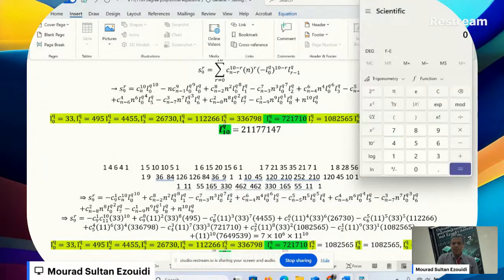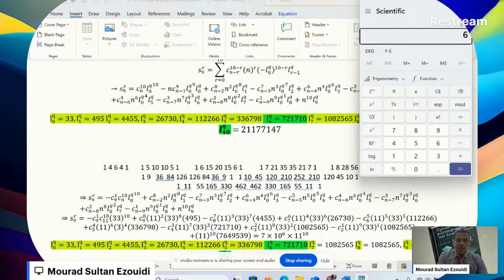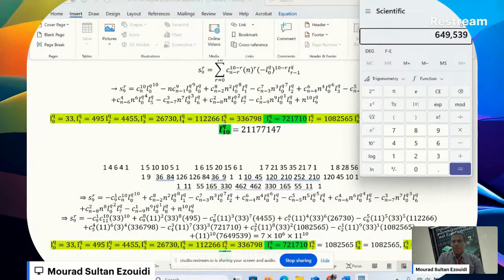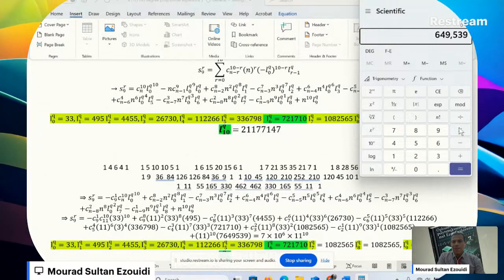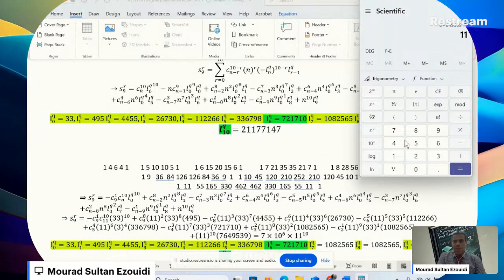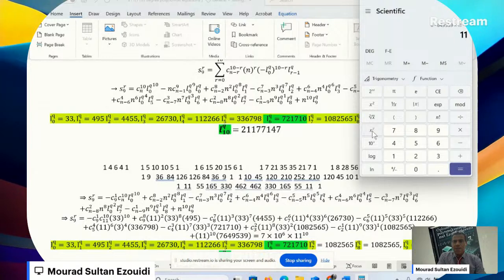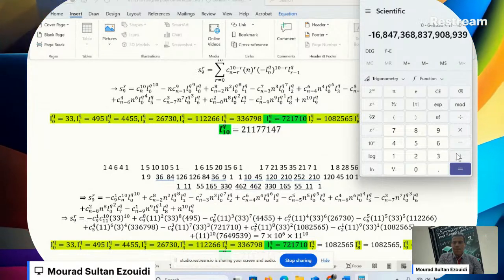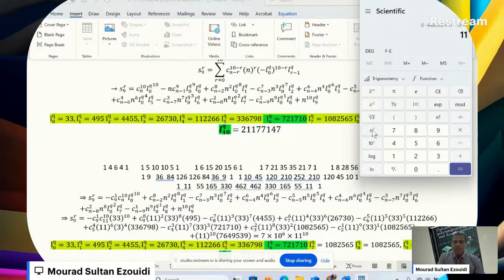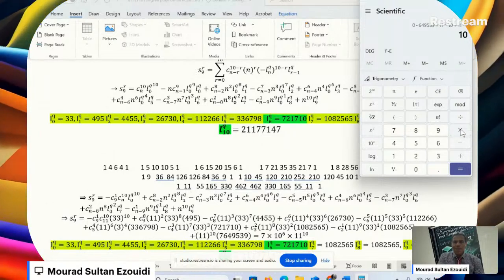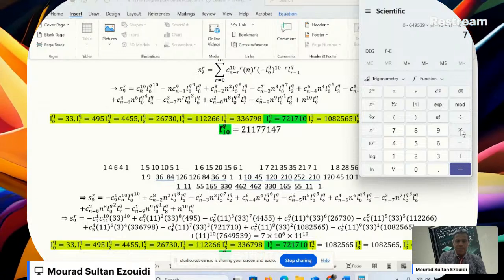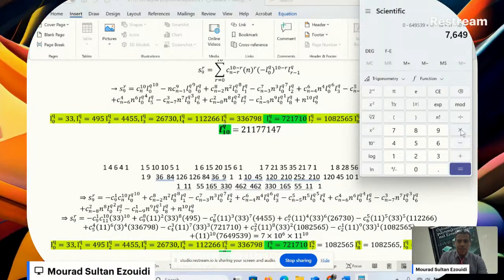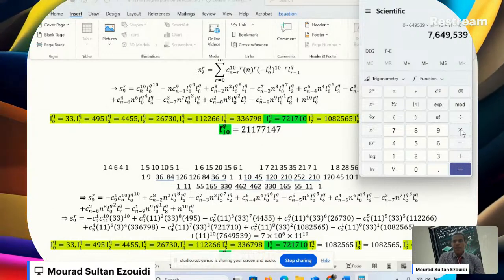So this one is equal to negative 6,049,539 multiplied by 11 raised to the power 10, then plus 11 raised to the power 10 multiplied by 7,006,049,539.